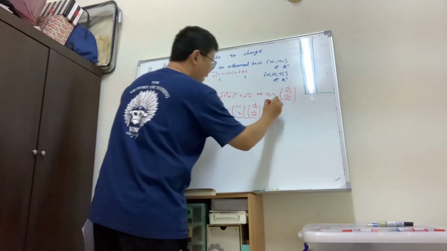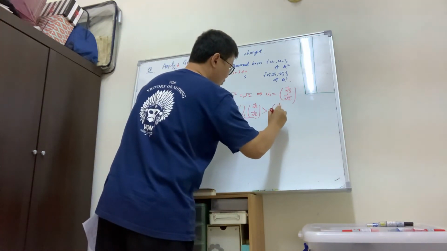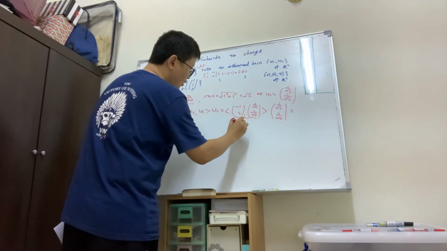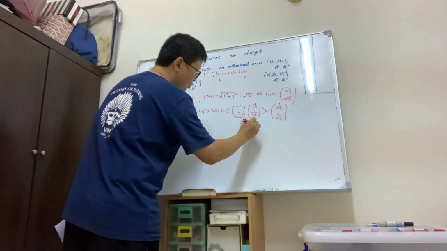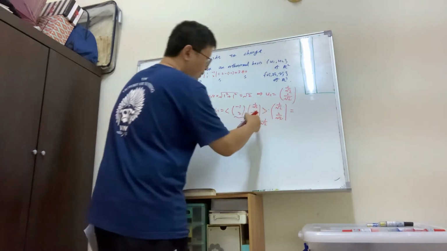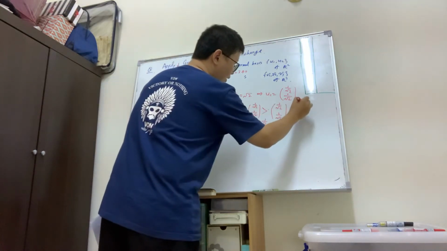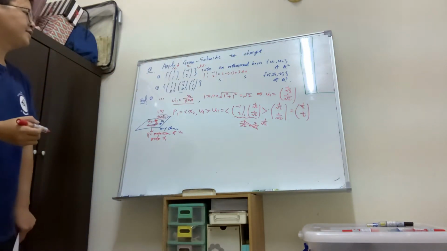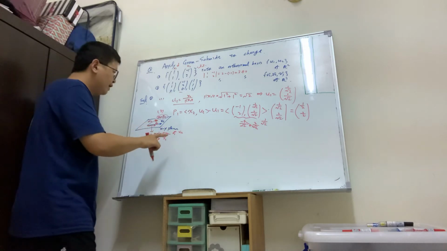Their inner product is negative 1 over square root of 2 plus 2 over square root of 2, which equals 1 over square root of 2. Multiplying by u1, each component gives 1/2. So this is our projection p1.